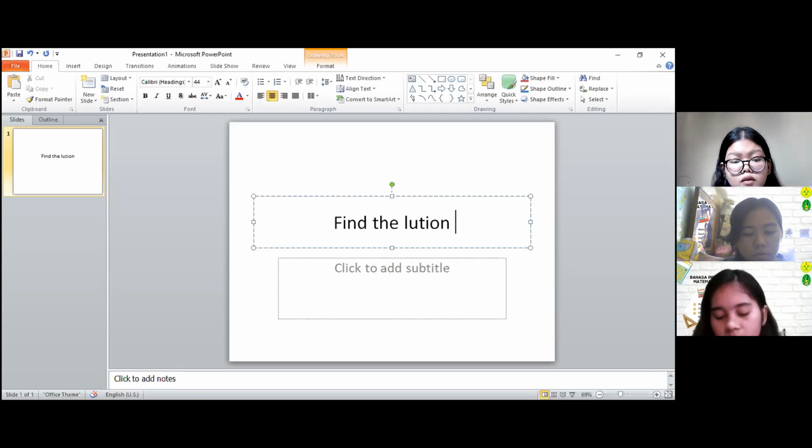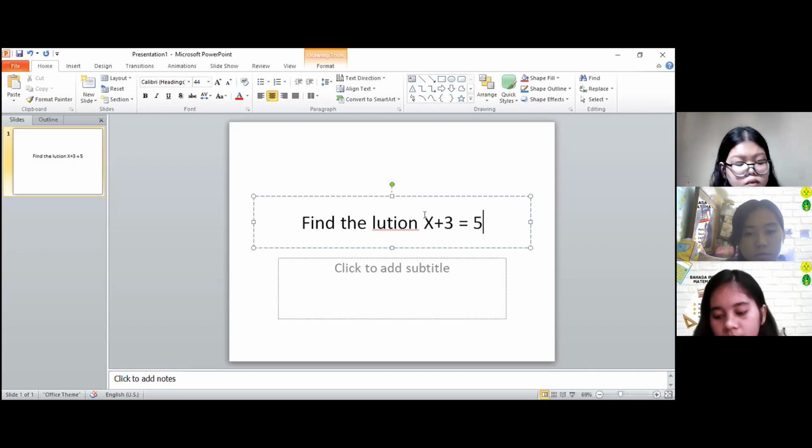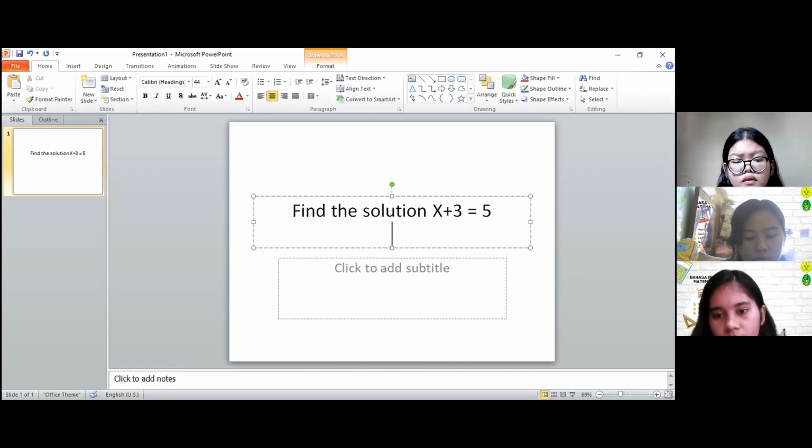Find x for the equation 2x plus 3 equal 5. 2 times x plus 3 equal 5. Not x plus 3, but 2x.